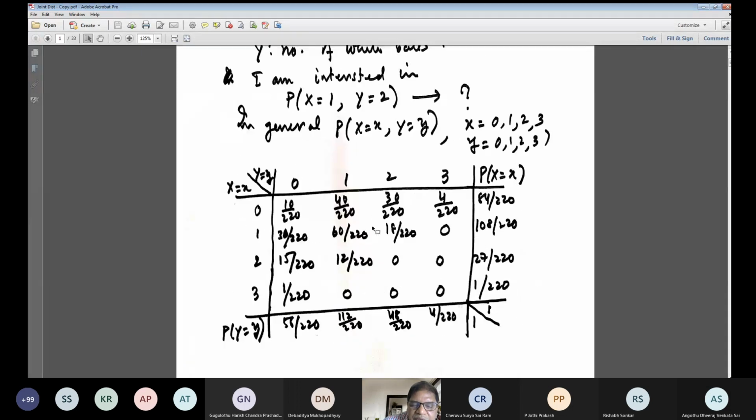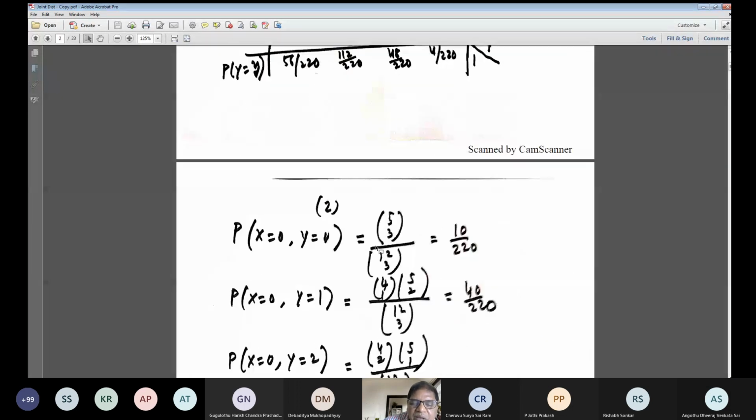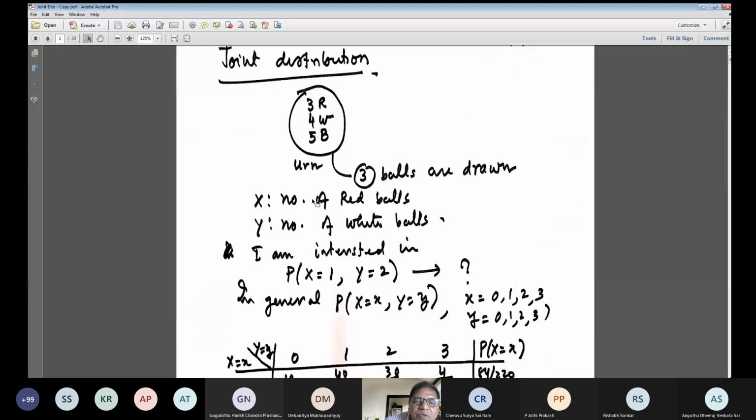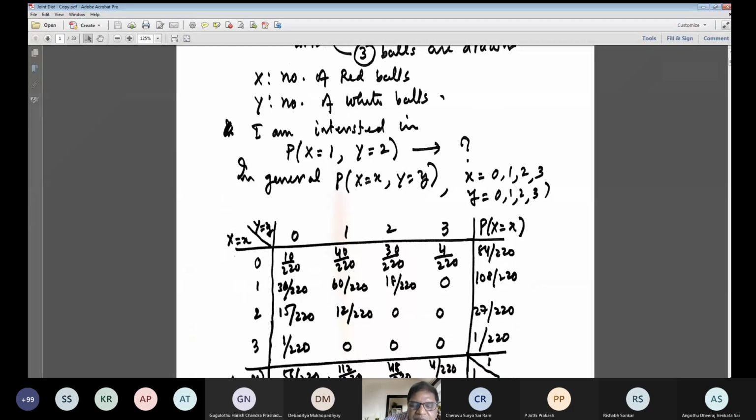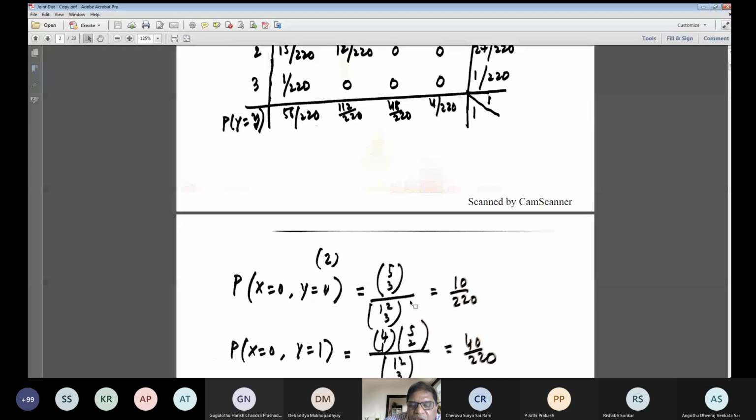So this probability will be 5C3 by 12C3, because your total number of balls is 12, with 3C0, 4C0 and 5C3. If you simplify this, you will get 10 by 220.